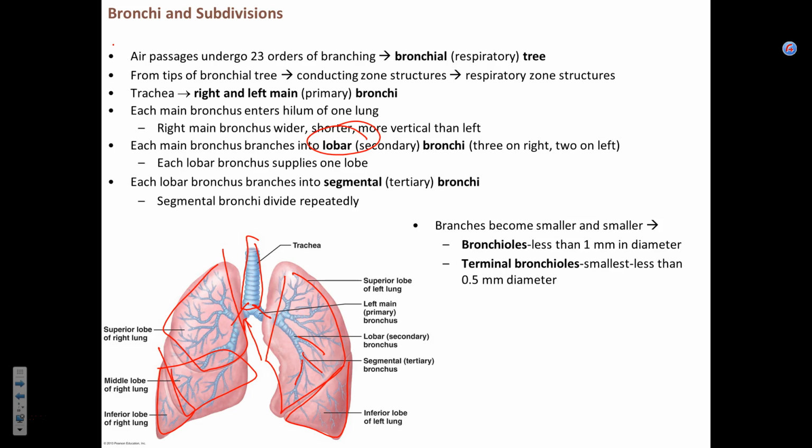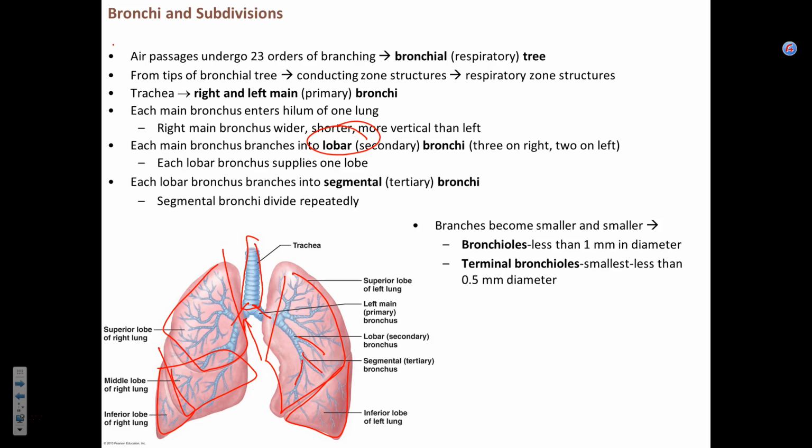The only degree of division that I want you to know: primary, secondary, tertiary. And the names, like main, lobar, segmental. Because bronchi branch, they have 23 orders of branching. So main bronchi, number 1. Lobar, number 2. Segmental, number 3. And you go number 4, 5, 6, up to 23.